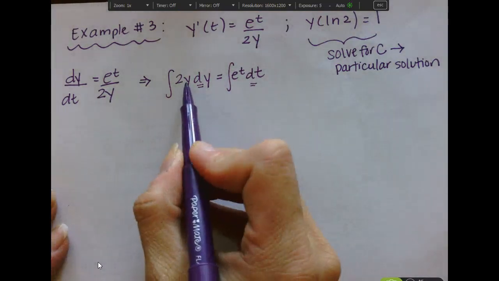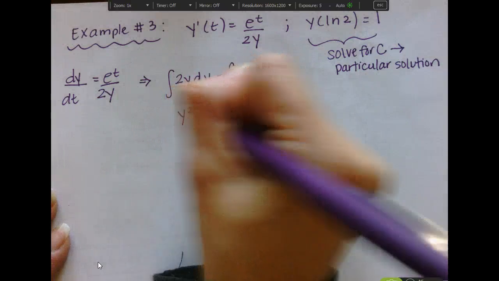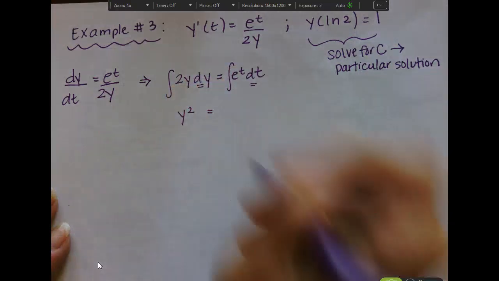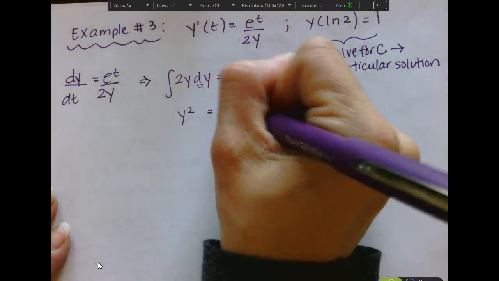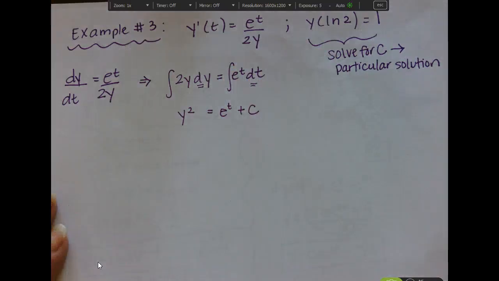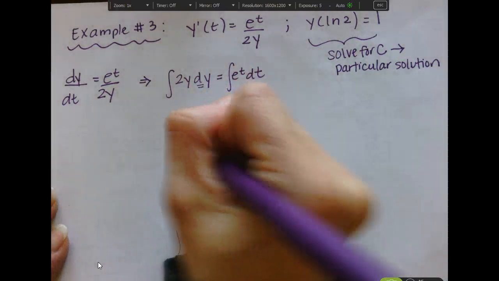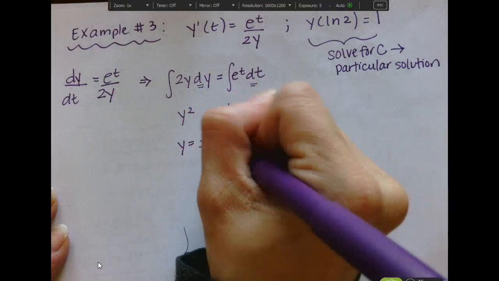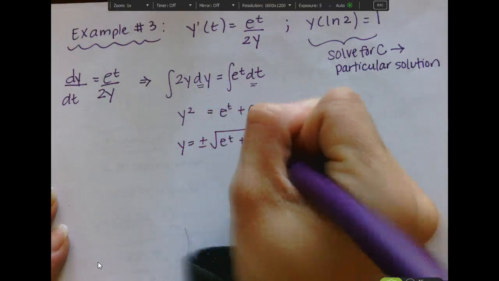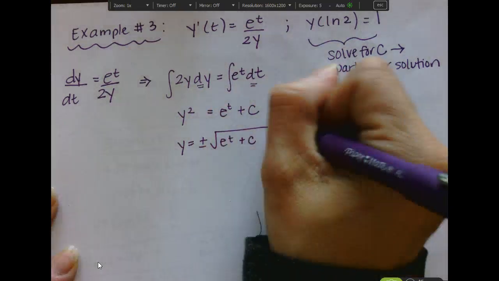On the left side, I'm going to get y squared. On the right side, I'm going to get e to the t. Remember, I need a constant c. Just like in the last example, I'm going to square root both sides. This is my general solution.